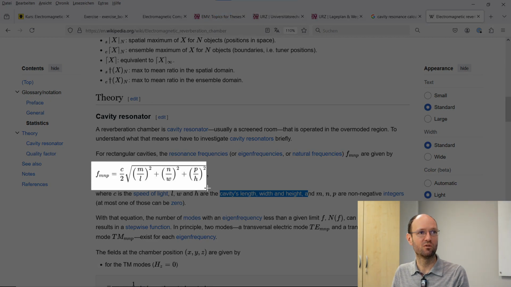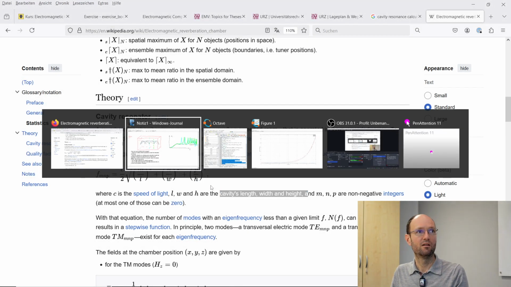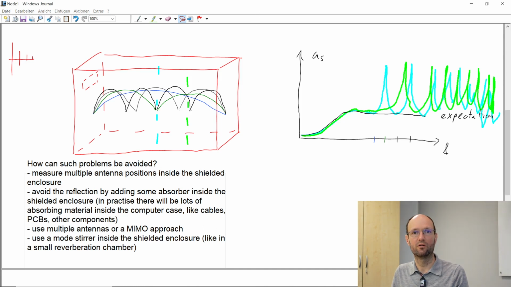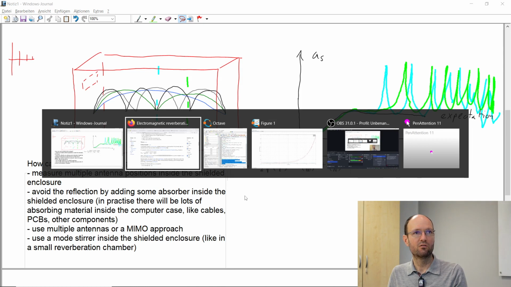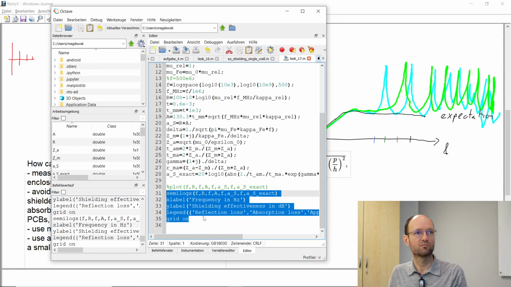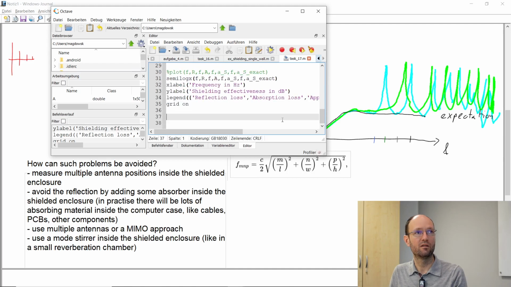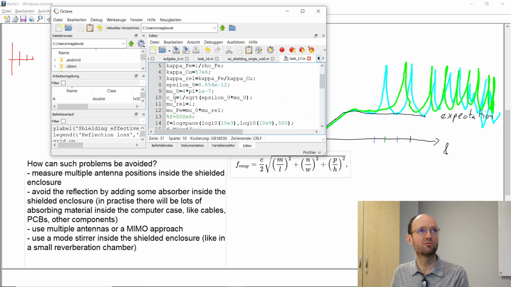So let's use this formula and go back to the drawing program. Okay, and paste this. And the corresponding calculation I will of course do in Octave. So we can try to use this formula and say the resonant frequencies will be C divided by 2, and I think C is what we have calculated before, but we called it C0.